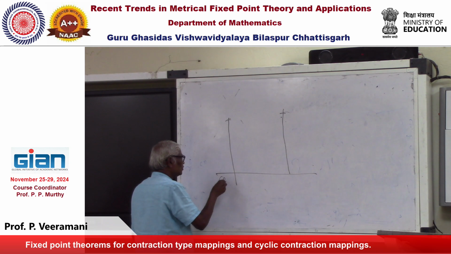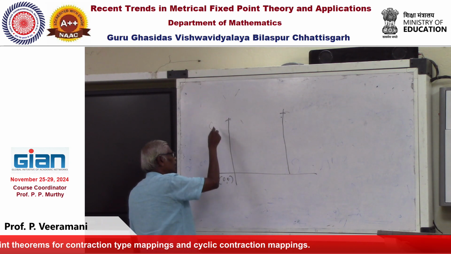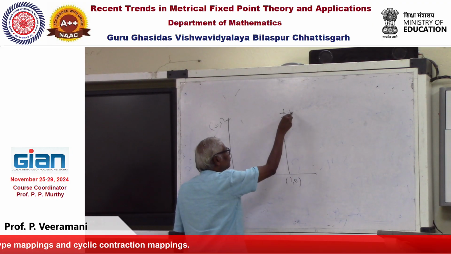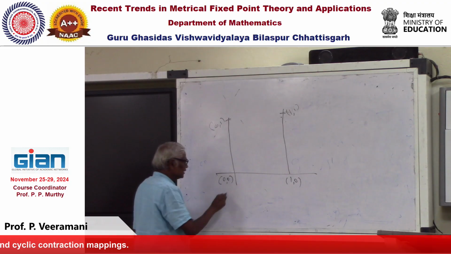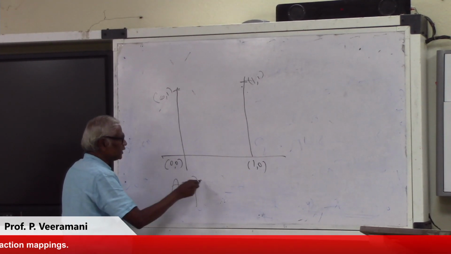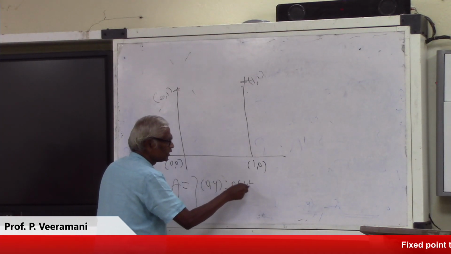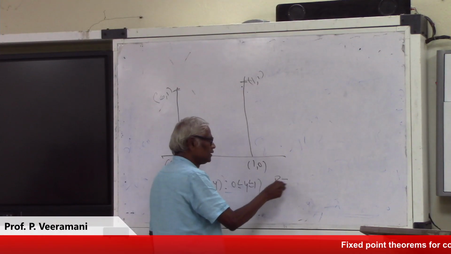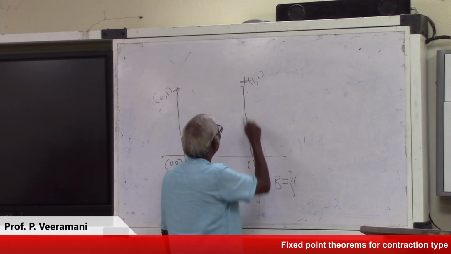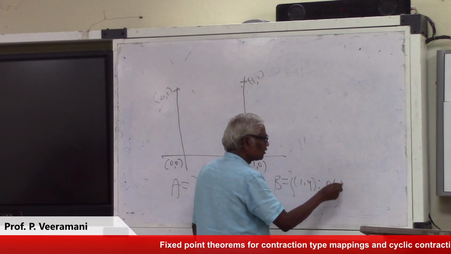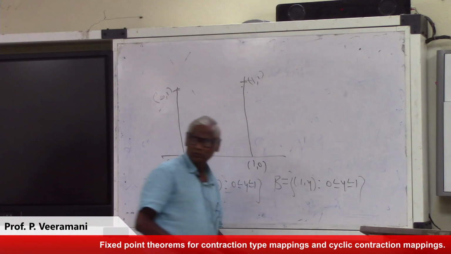So this is 0 0, then 0 1, 1 0, 1 1. A is this. What is A? The set of all 0 comma y such that 0 less than or equal to y less than or equal to 1. Capital B is the set of all 1 comma y such that 0 less than or equal to y less than or equal to 1.